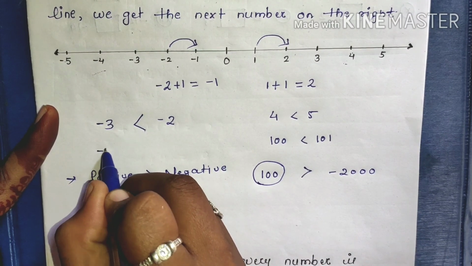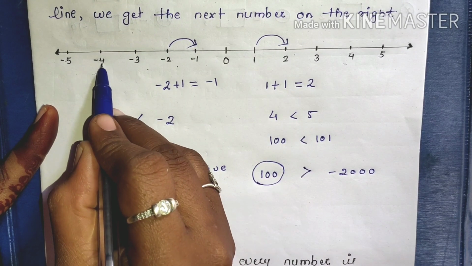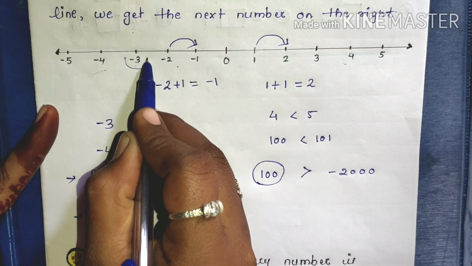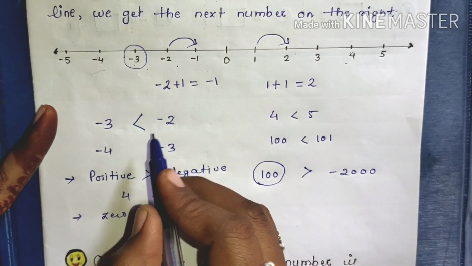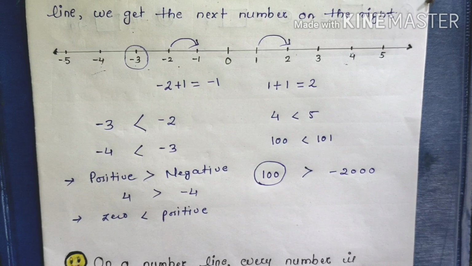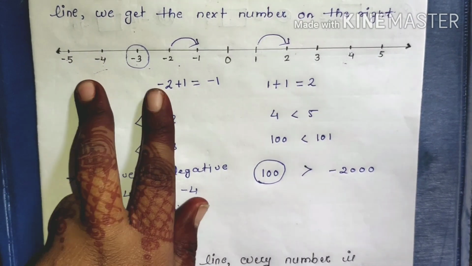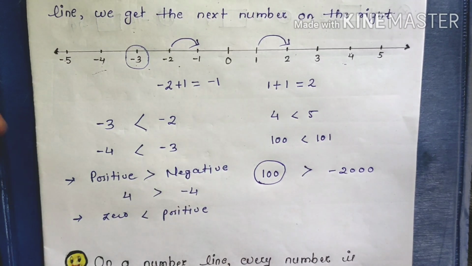अगर हम लोग यहाँ पे कंपेयर करें -4 और -3 में, -3 is on the right hand side of the -4, so यहाँ पे -3 कैसा होगा? Bigger होगा. बच्चों, in case of positive numbers and in case of negative numbers only one difference is there.